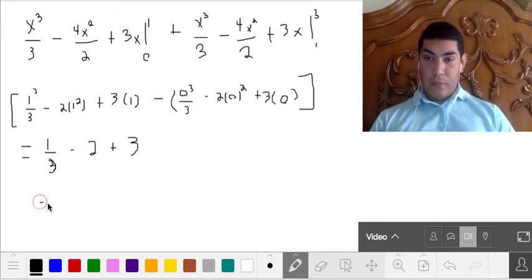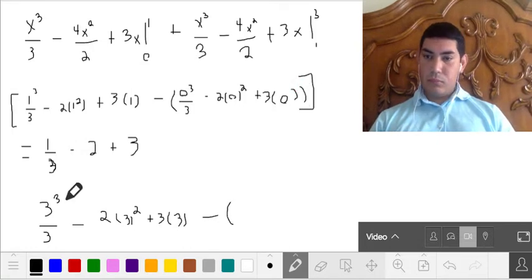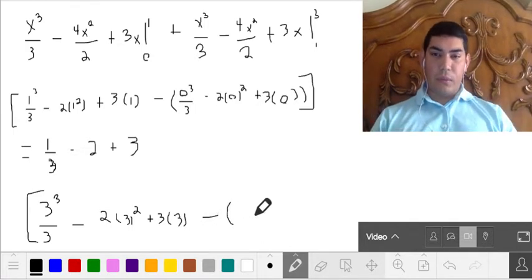We're going to have 3 cubed divided by 3 minus 2 times 3 squared plus 3 times 3, because that's our x value, minus, and let me put this in brackets just to notify that they're different from the previous line.